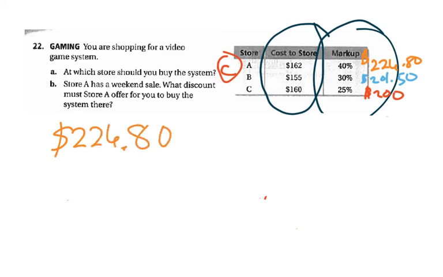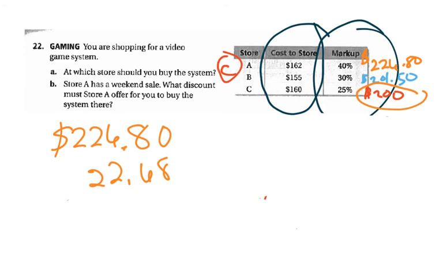Okay, so we need it to be under $200 in order for it to be the better option. If you look, you know that 10% of $226.80 is going to be $22.68. If I subtract that from $226.80, it's still more than $200. So 10% is not going to work. It was super close though.